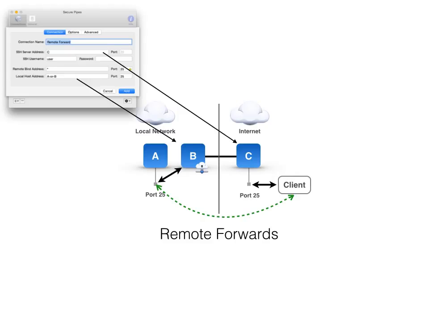Is it going to be the server itself, which could be server B, or is it going to be server A, and what port is it going on? Either of those work, and then once you start the connection, C will start forwarding all of those connections from itself to the local network, and that's it.